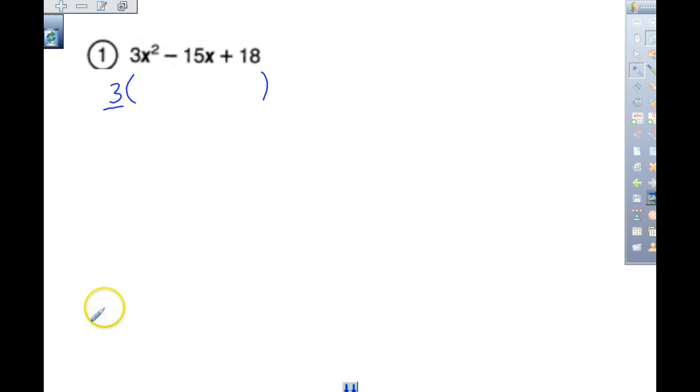The fact that I took out a 3 means my final answer is going to be 3 and then the 2 parentheses, whatever else I get. See here? And then you figure out just by using these numbers, okay, there's a 1.